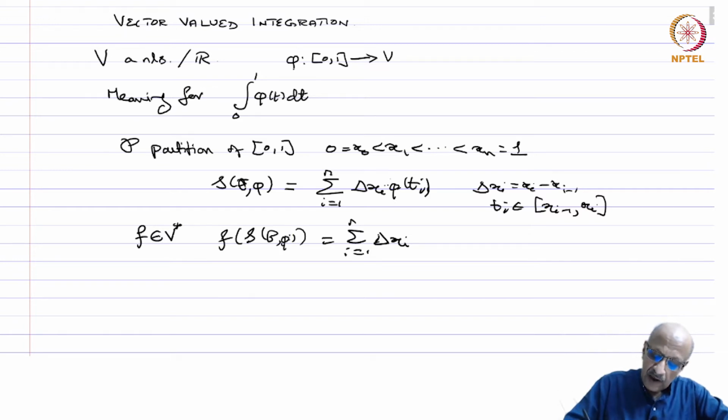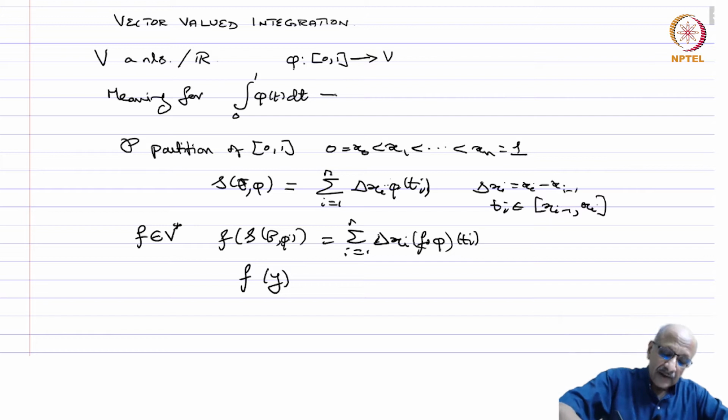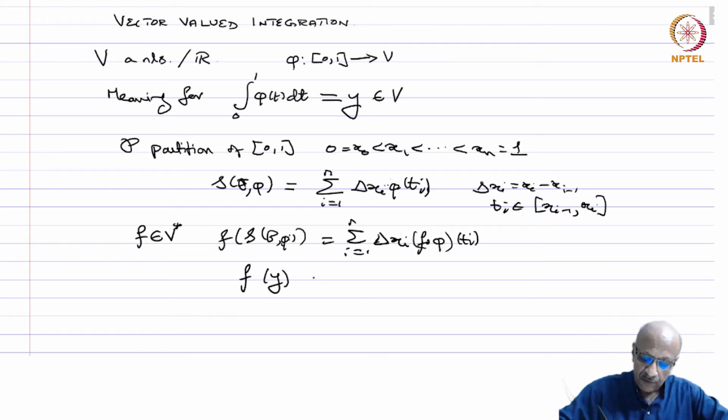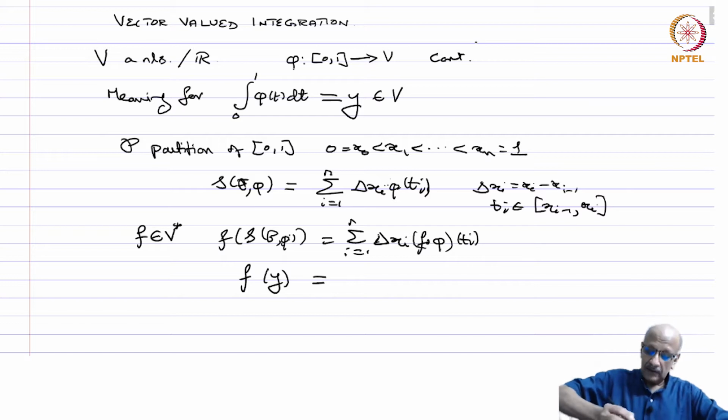So this is f of phi of ti, and then we pass on to the limit. So if we can go to the limit, f is continuous, so this will go to f of y. So y is the integral, so the integral is a vector in V, and therefore this will go to f of y. So if phi is continuous, so let us assume now phi is continuous. I think we will stop.